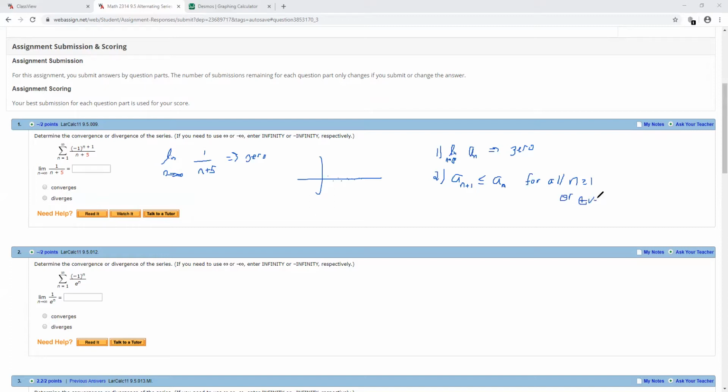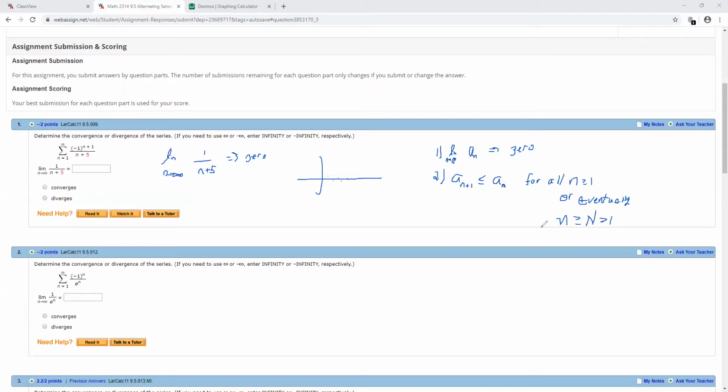And eventually is kind of an informal way of saying, if it doesn't happen starting at n equals 1, then it might, as long as it starts somewhere later. And the formal way is to say, or for n greater or equal to some integer which is greater than 1.